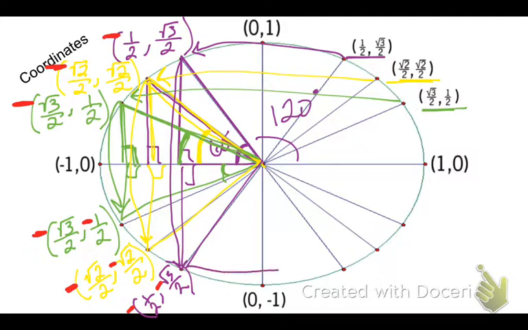Now we can reflect again. Reflect 240 across the y-axis. So 1/2, comma, square root of 3 over 2. But now we're in the fourth quadrant where the y value is negative.